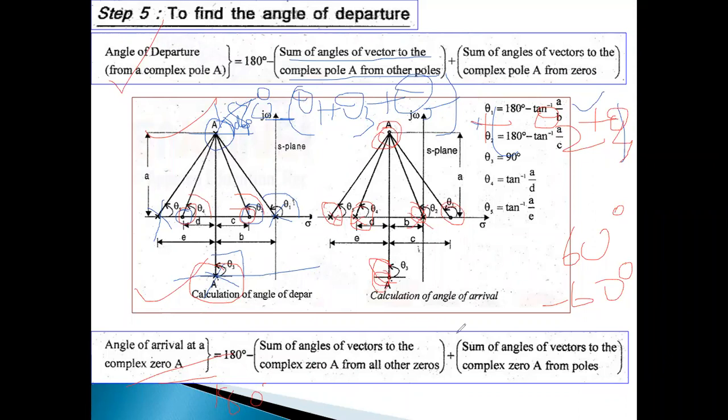Angle of arrival means the root locus branch terminates at that point. So it is 180 minus the angle made by all zeros. First we have to calculate the zeros. Here theta 1, theta 3, only two zeros are there, so theta 1 plus theta 3.